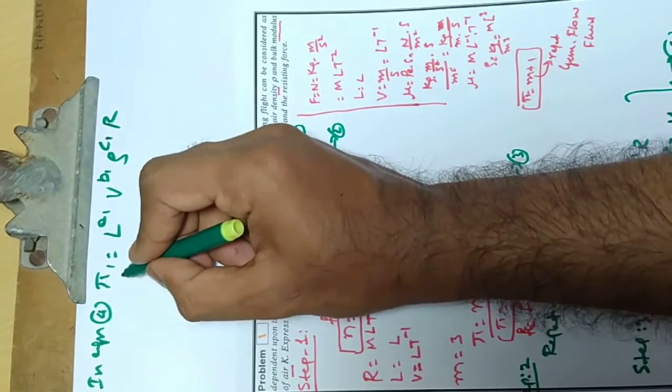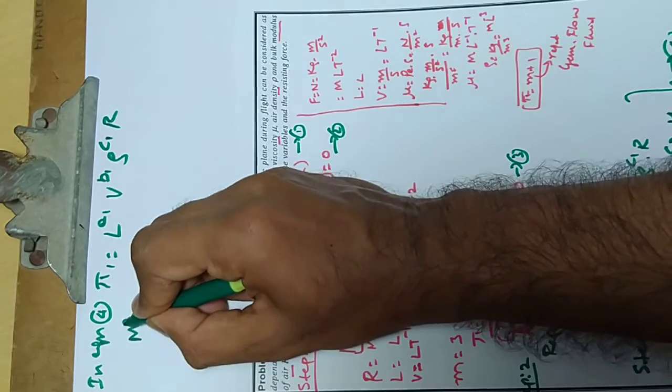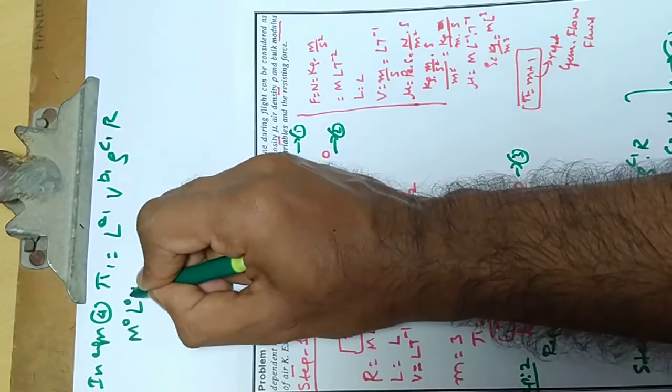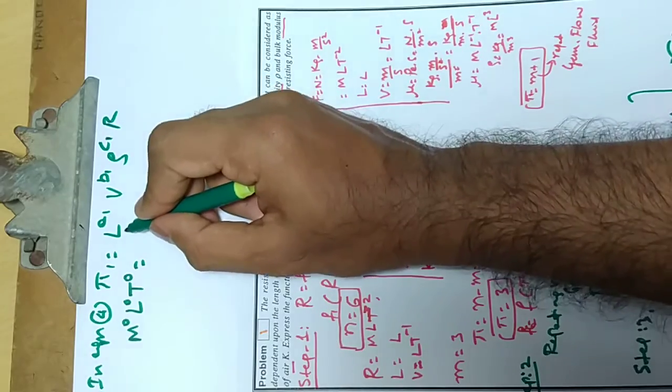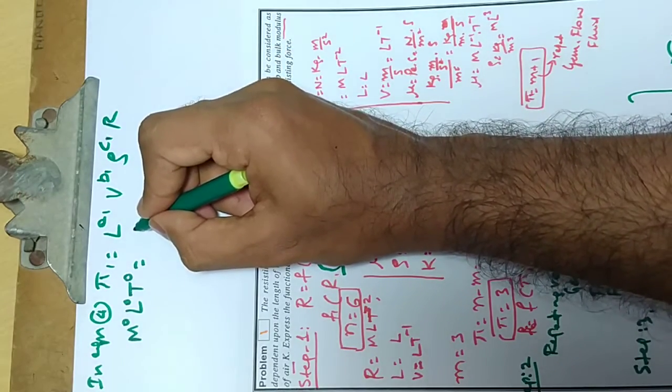This is dimensionless. So pi 1 means M to the power of 0, L to the power of 0, T to the power of 0. Next, L means what? Here L, the dimension of L is L only.